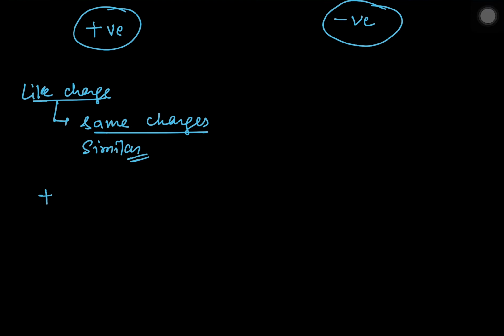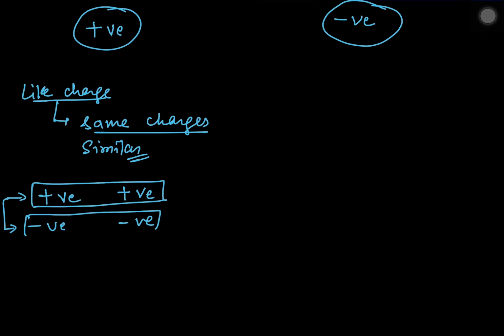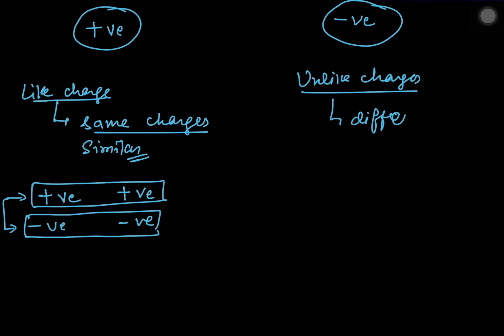For example, I have a positive charge or a negative charge. So these are the like charges. If it is a positive, then positive charge; if it is a negative, then negative charge. And what about the unlike charges? Unlike charges means different charges.